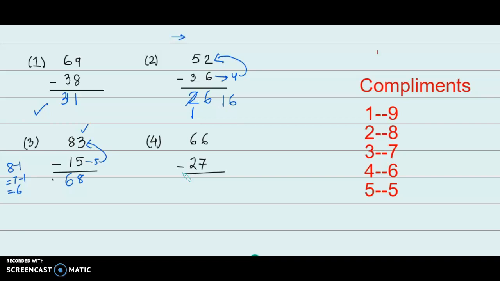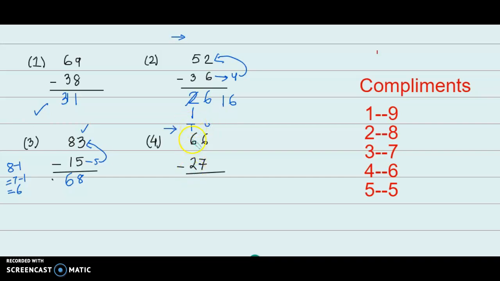Now let's move to example 4. As told earlier, we start from the left, and the rule is, you check the first pair of numbers, that is the digits at the tens place. This is the units place and this is the tens place.